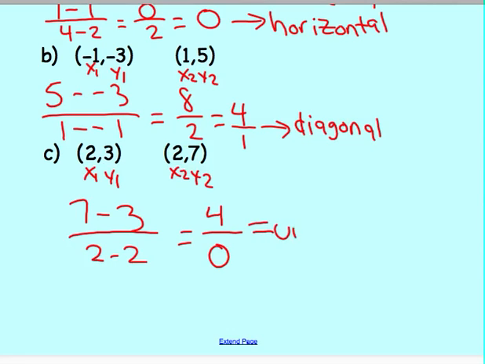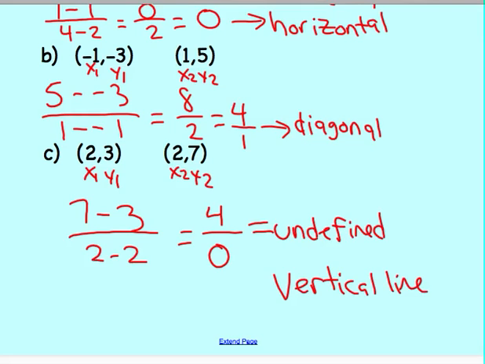So we would say undefined. If it's an undefined slope, that actually is going to mean that it's a vertical line. We will talk more about that later. So notice the 3 different types of lines we have: horizontal, diagonal, and vertical.